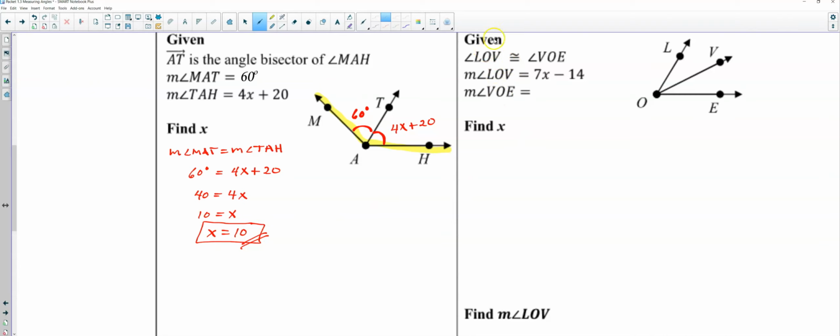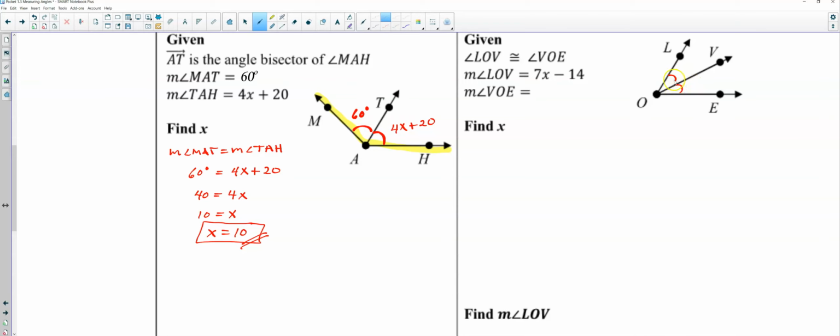It says, given angle LOB. Notice there's no measurement. Now we're talking about congruency. Angle LOB is congruent to angle VOE. So now we could say, well, this angle right here is congruent to this angle right here. If these two angles are congruent, that means that ray OB is the angle bisector.